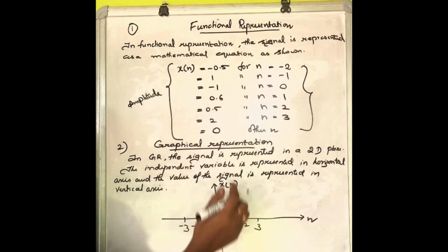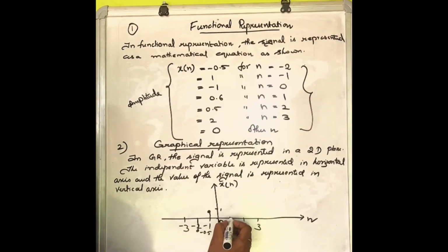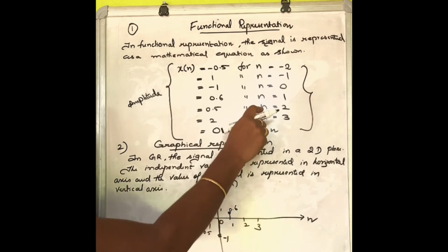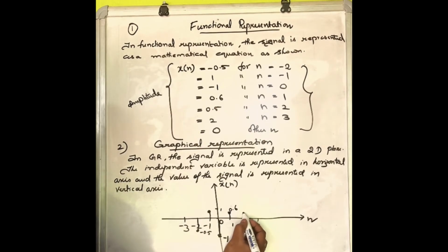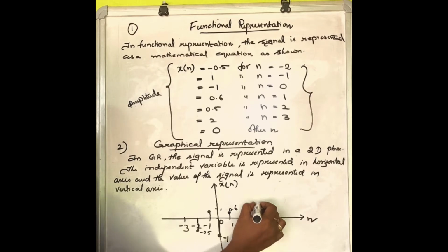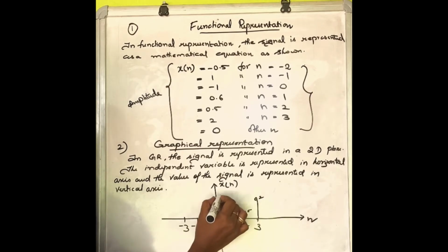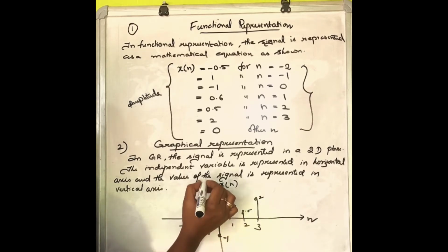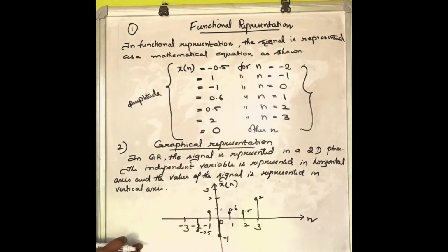Then at 1 it is 0.6. At 2 it is 0.5. At 3 it is 2. So now this is said to be the graphical representation of discrete time signal.